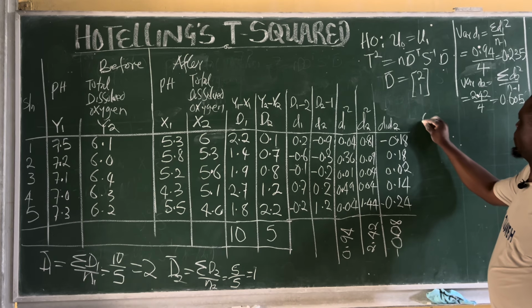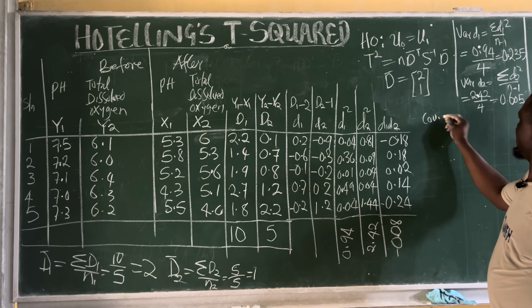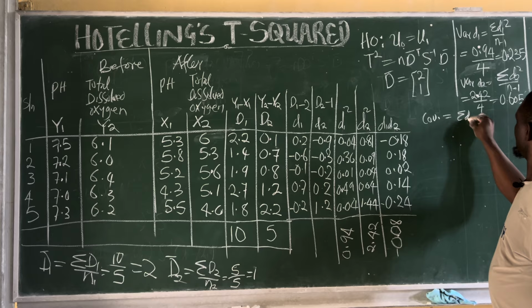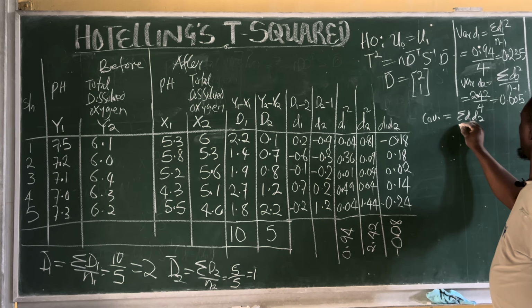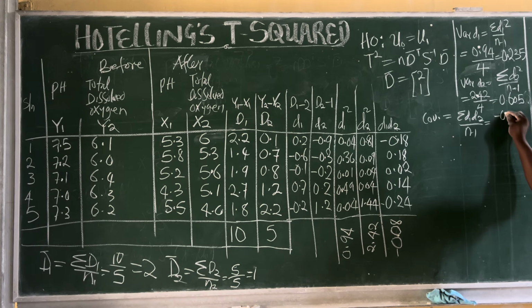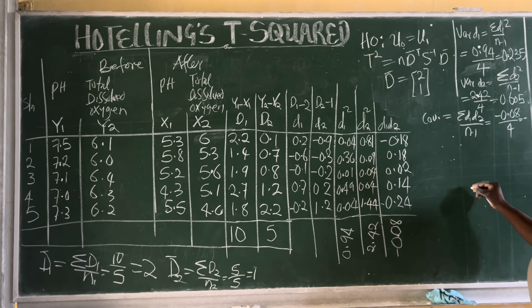Now, the next thing is the covariance. Covariance will be equal to the summation of D1 D2 all over n minus 1. And that will be equal to minus 0.08 all over 4. And that is equal to minus 0.02.